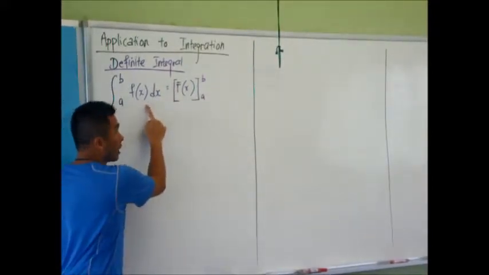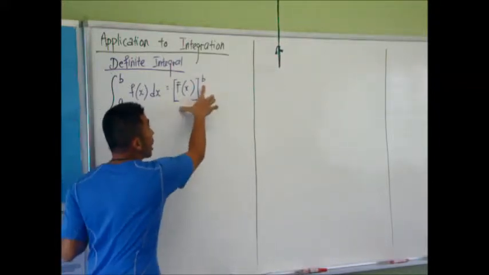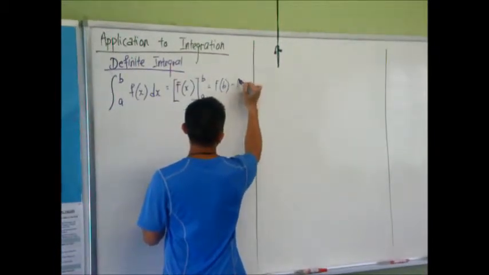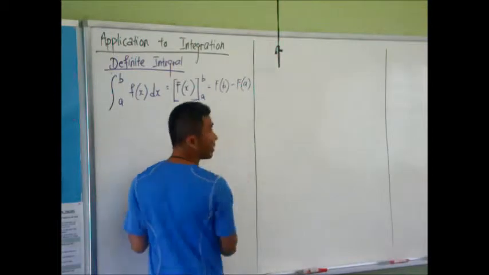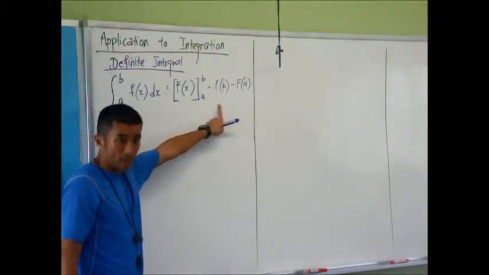After you integrate this, you will get big Fx. Okay? And how do you apply the upper and lower limit? You substitute the upper limit and lower limit in respectively and get the corresponding result.